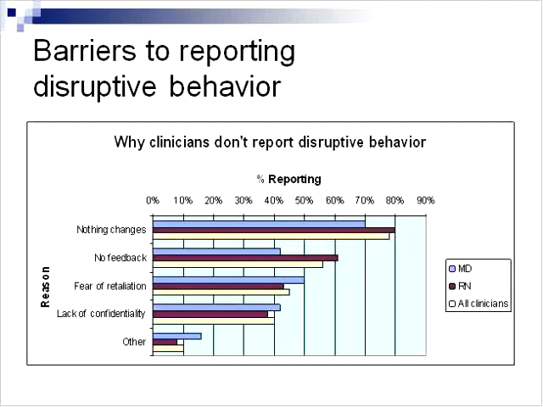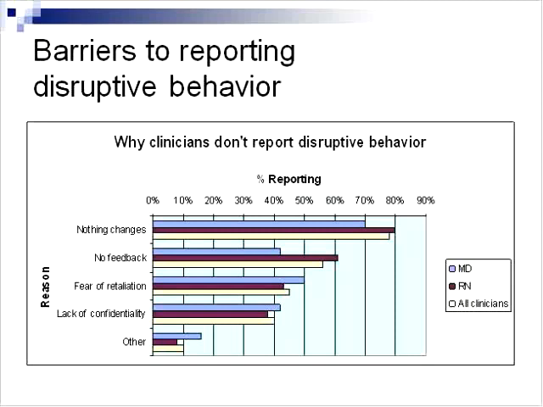And the number one reason why clinicians don't report disruptive behavior is because of the feeling that nothing changes. And probably most of us aren't too surprised by that, because many times you do hear that people are reluctant to report something, or just don't report something that is wrong because they feel it's not going to make a difference anyway. So certainly we need to change that perception and that attitude, because if we don't know disruptive behavior is happening, we really can't do anything about it.